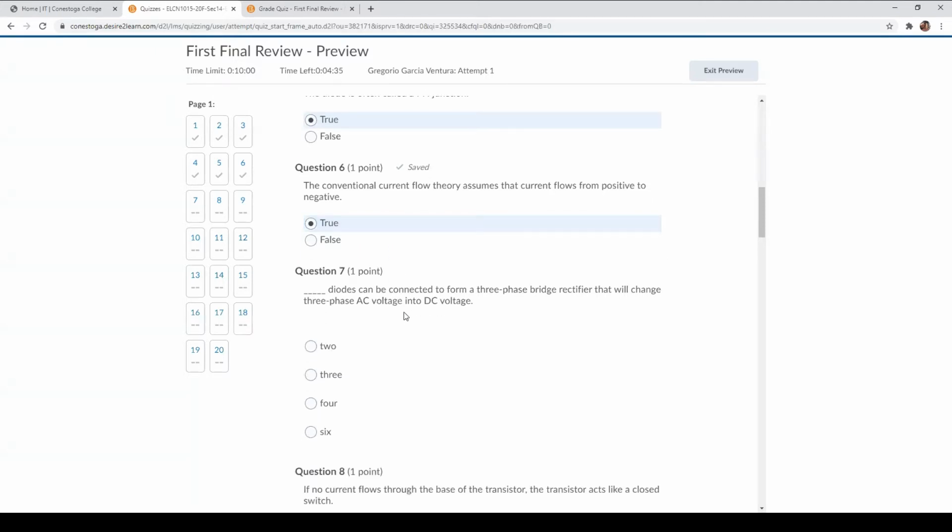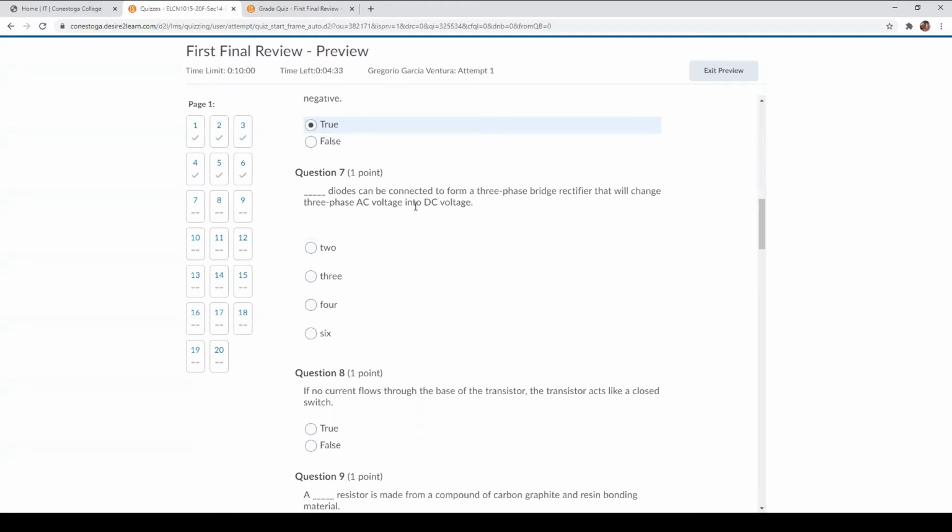In question number 7, we have that diodes can be connected to form a three-phase bridge rectifier that will change three-phase AC voltage into DC. How many diodes have to be connected? In this instance, it's going to be 6 diodes.